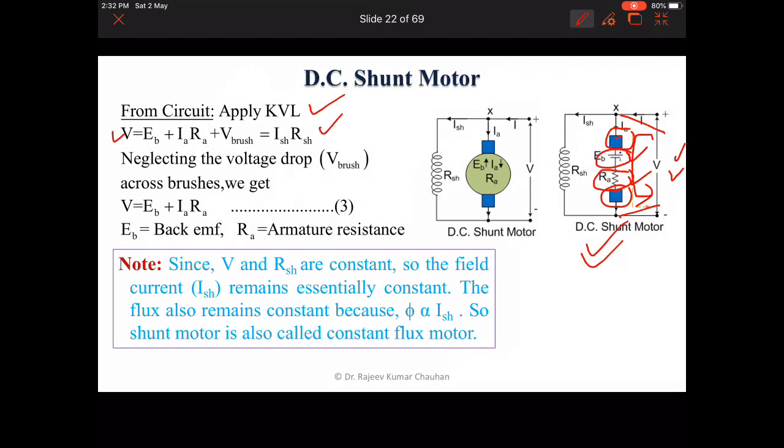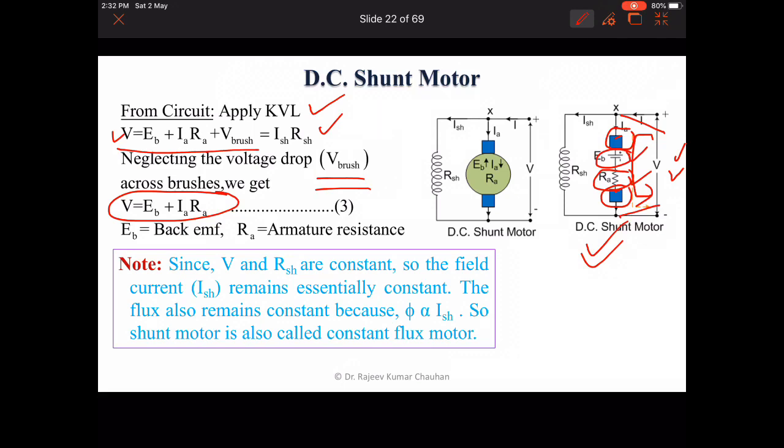If we neglect the voltage drop in the brushes, because that is very small, around 1 to 2 volts, we can rewrite the voltage equation as V is equal to EB plus IA RA. We call it the voltage equation of a DC motor, where EB is the back EMF and RA is the armature resistance.